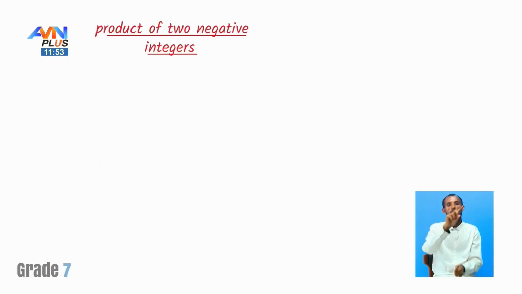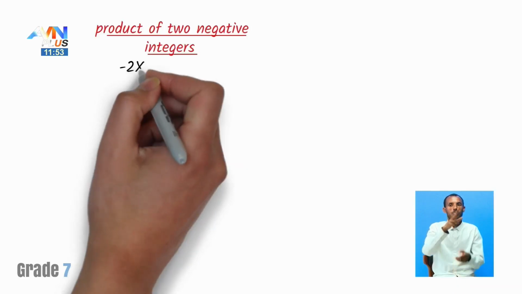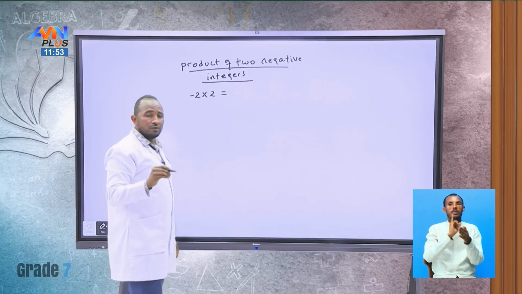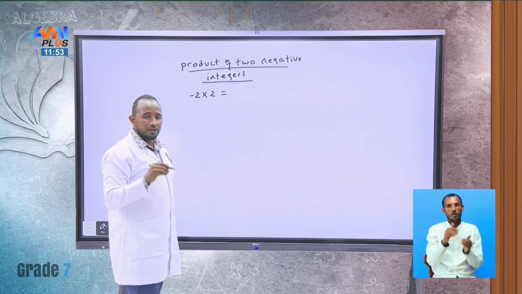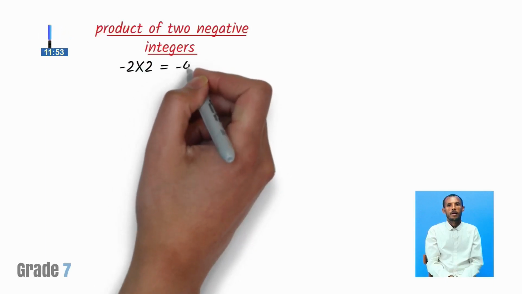The first one, negative 2 times 2. What will be the product of negative 2 and 2? Good. The answer is negative 4.